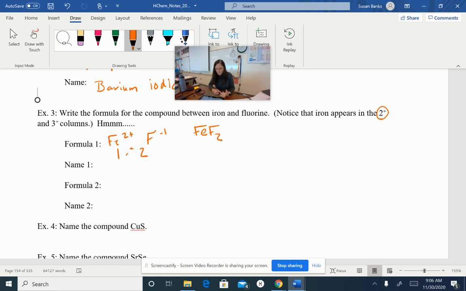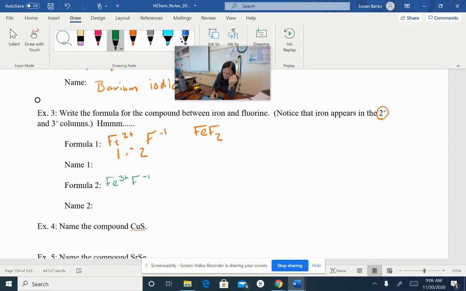Now, let's look at iron positive 3. Let's just give this a go before we name them. Iron is a positive 3, and we know that fluorine is a negative 1. What's our least common multiple between 3 and 1? It is 3.